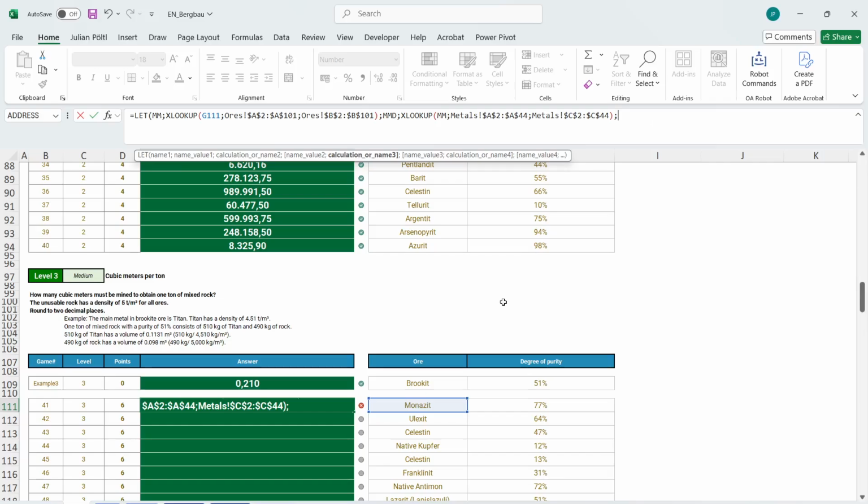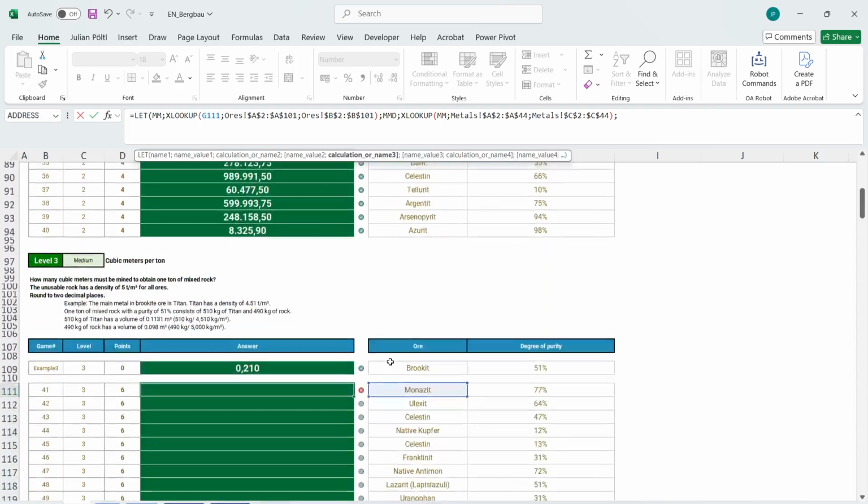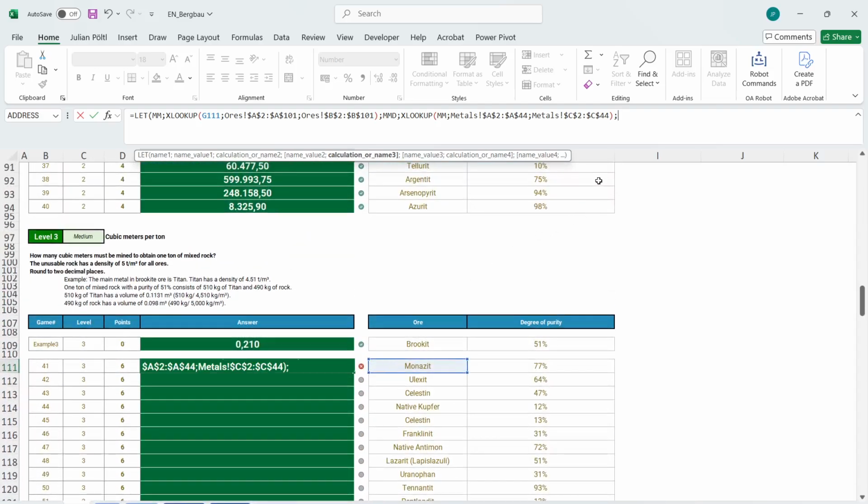And we know, because the degree of purity is based on weight, not on volume, which is written here, that we have here degree of purity multiplied with 1000 divided by main metal density divided by 1000, plus 1 minus this time divided by 5 divided by 1000.